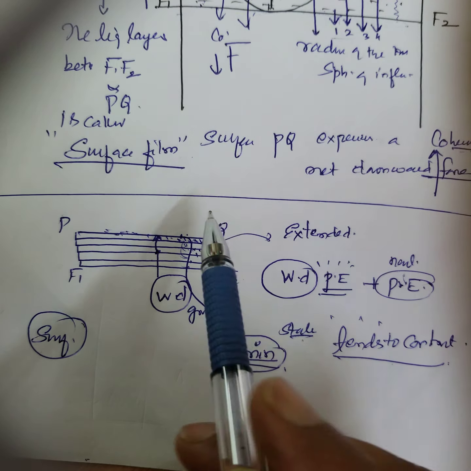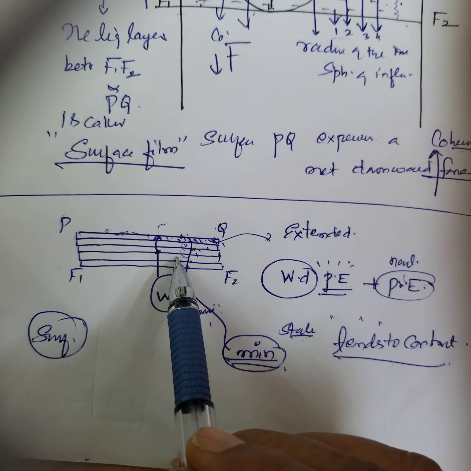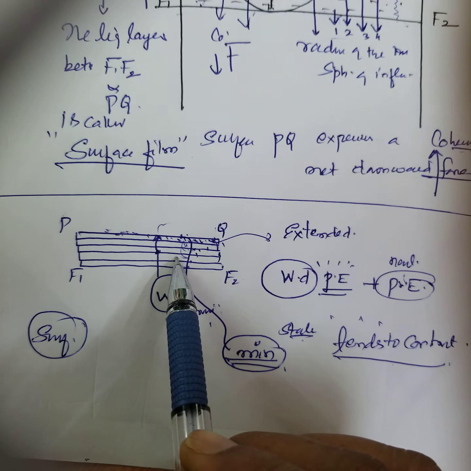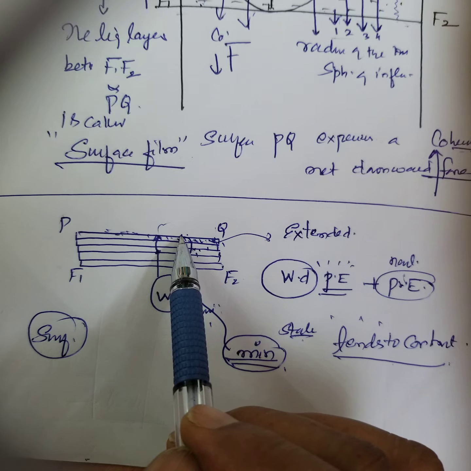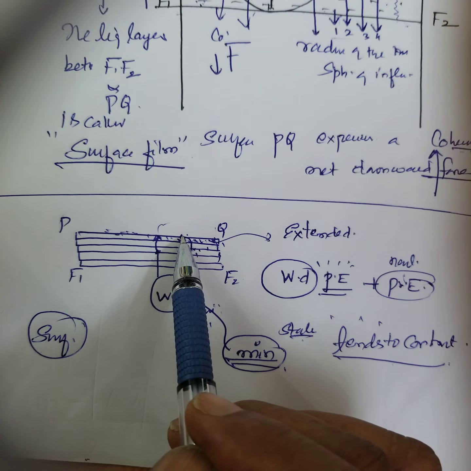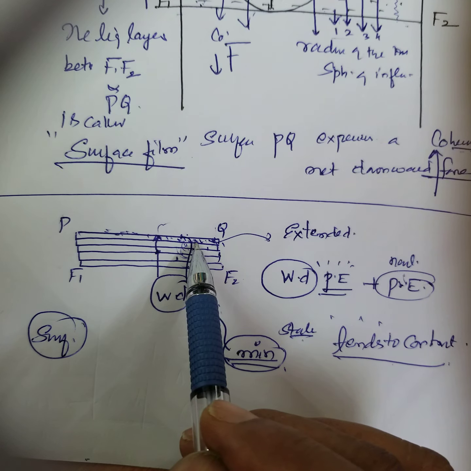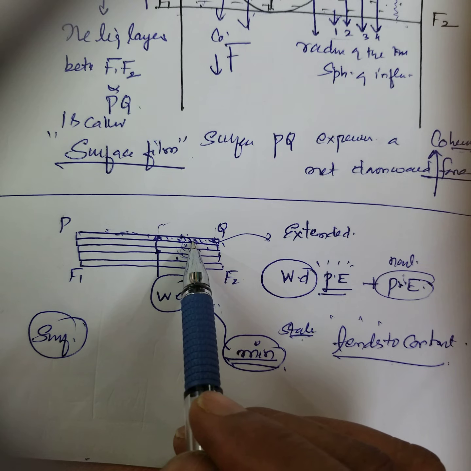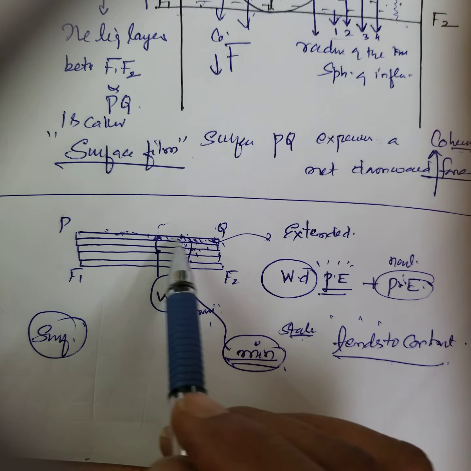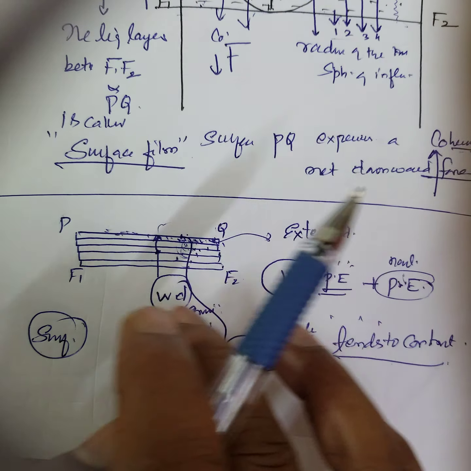Therefore, work has to be done on these molecules, right? This work done is stored as potential energy in the new surface formed, because once the first surface is removed, a new surface is formed.